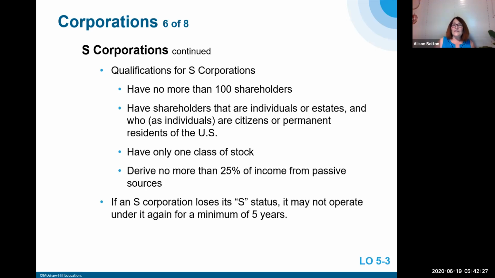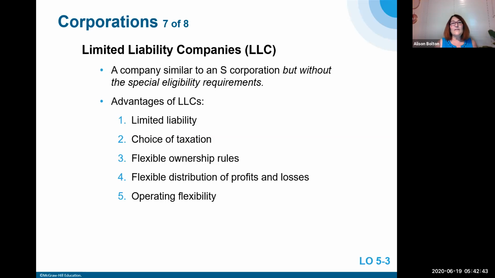Now, you will lose your S status for a minimum of 5 years if you don't comply with these qualifications. And believe me, they're very, very strict about these things. They do check on you. Now, limited liability companies, the LLCs, are similar to an S corp, which we just discussed, but they do not have the special eligibility requirements.